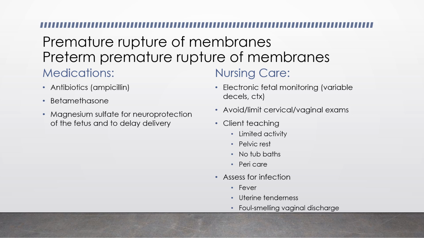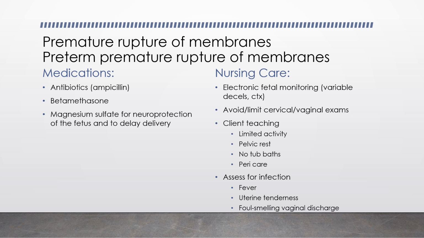Medications include antibiotics, and they're usually prophylactic, so we want to prevent a woman from getting an infection. If the woman is not contracting, we want to keep her pregnant for as long as possible. If we can keep her pregnant till she's 34 completed weeks, then we would induce the labor.